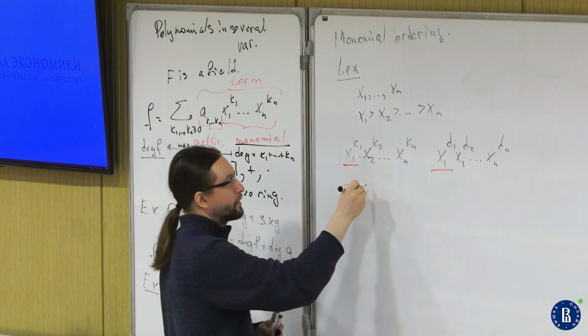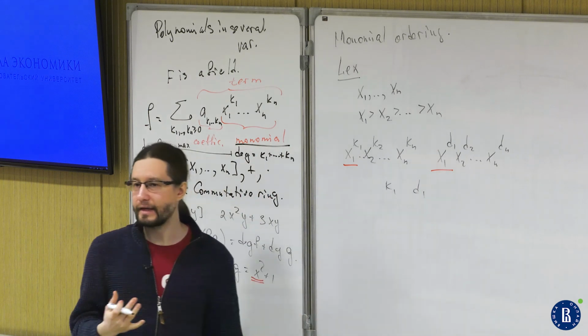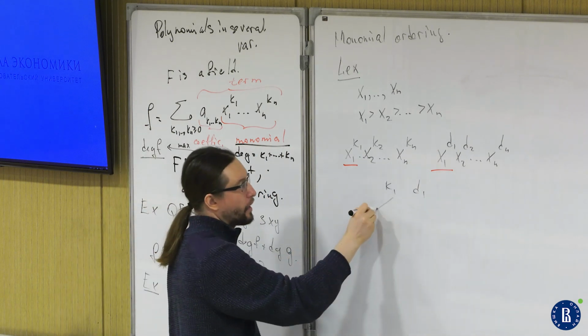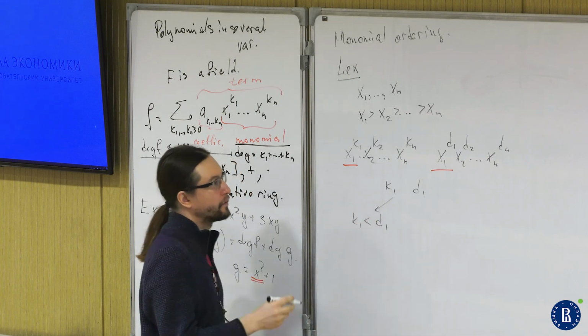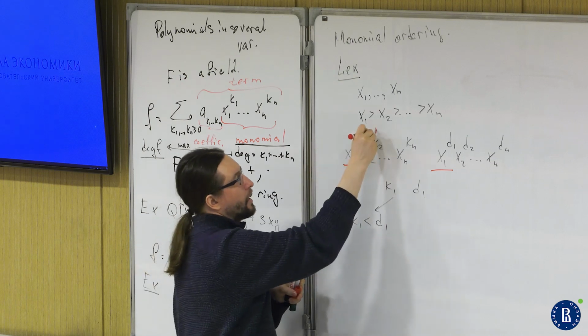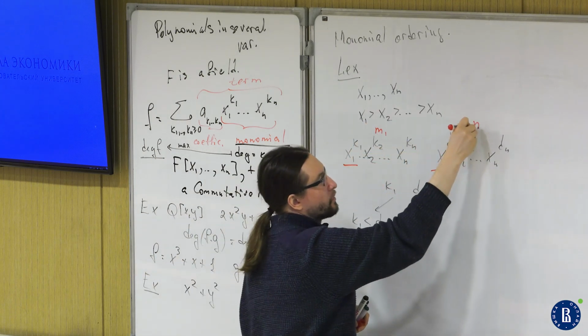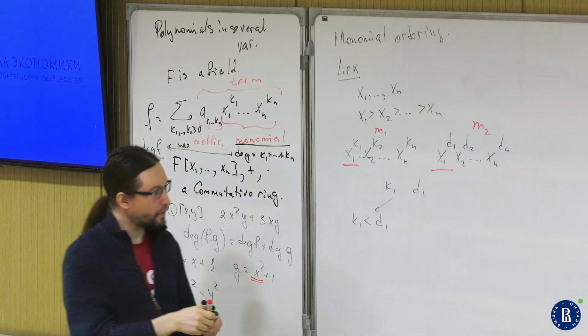So we need to compare k1 and d1. There are three cases. Let's say this is a monomial m1 and this is a monomial m2. I just want to give them a name.